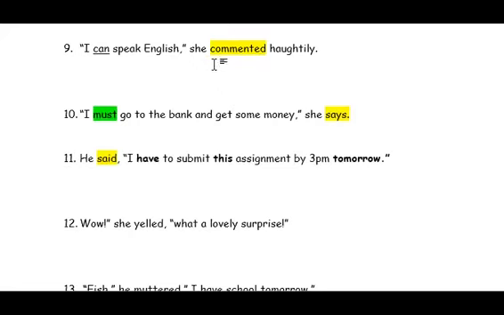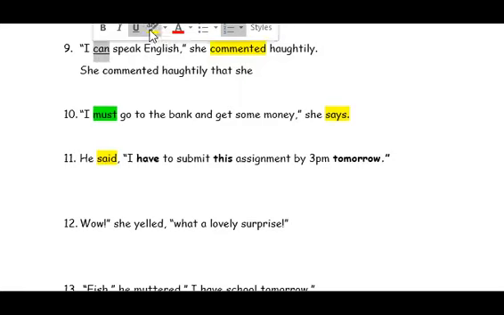This is also past tense. So she commented haughtily, or she haughtily commented that she, now remember we're changing everything to past tense, so can becomes could, that she could speak English.